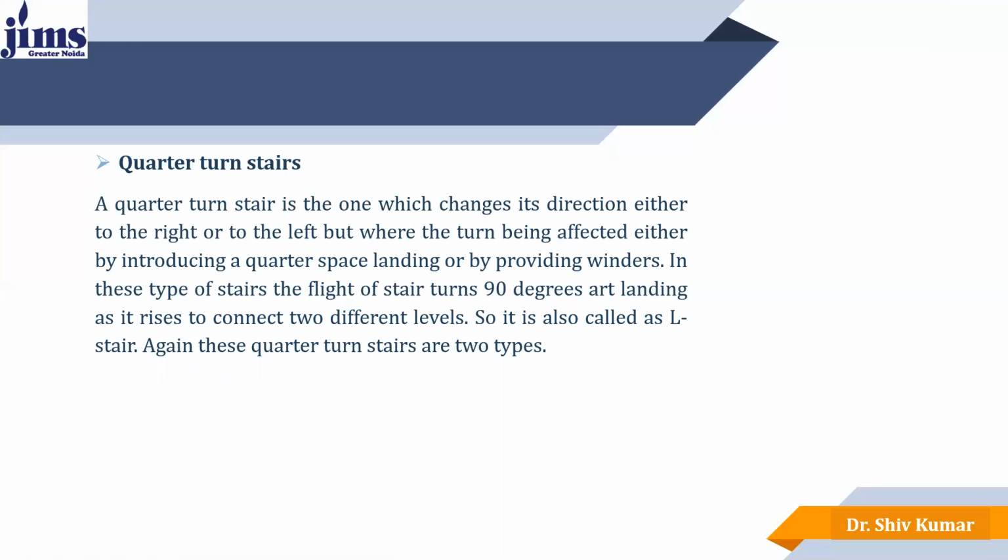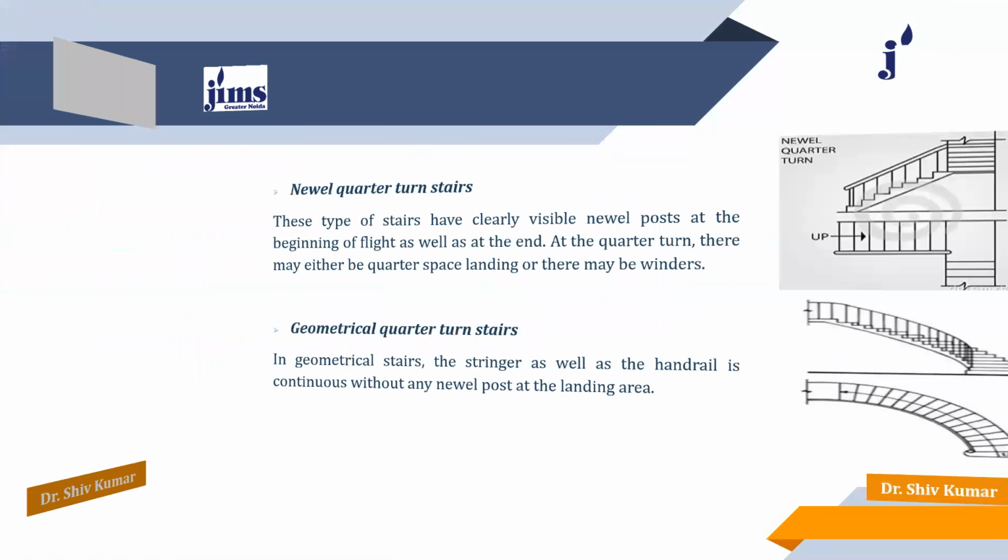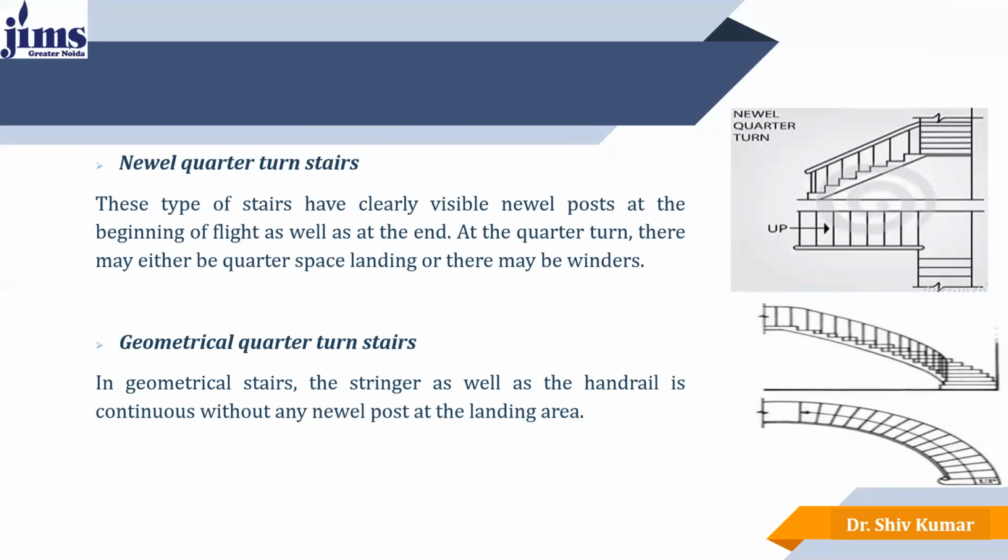In this type of stairs, the flight turns in a 90-degree arc landing as it rises to connect two different levels. So it is also called the L type of stairs. Again, these quarter turn stairs are of two types. The first one is the newel quarter turn stair, and the second one is the geometrical quarter turn stair.